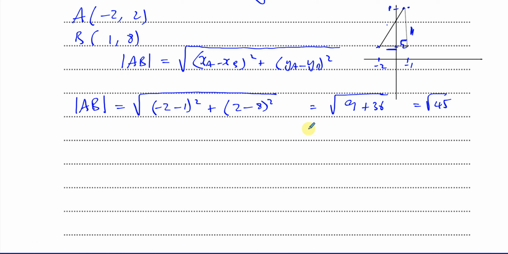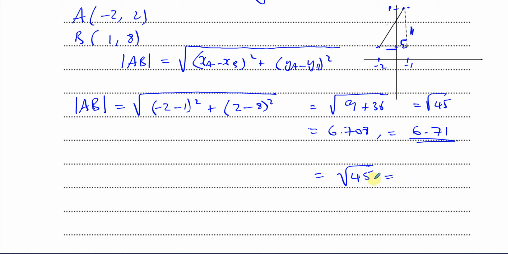So you could write your answer as 6.708 and then round it to three significant figures, because the instructions do say non-exact answers should be written to three significant figures. But you could also, in AS level, leave it as surd form.